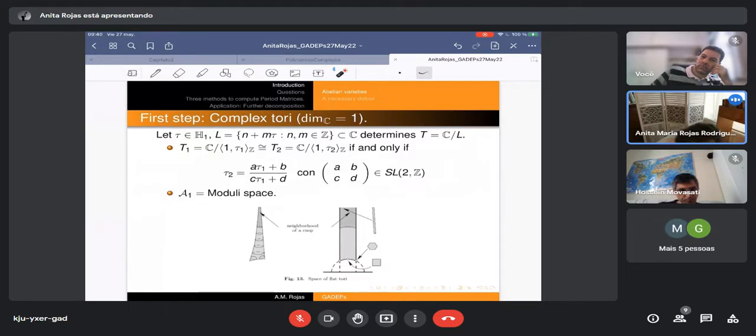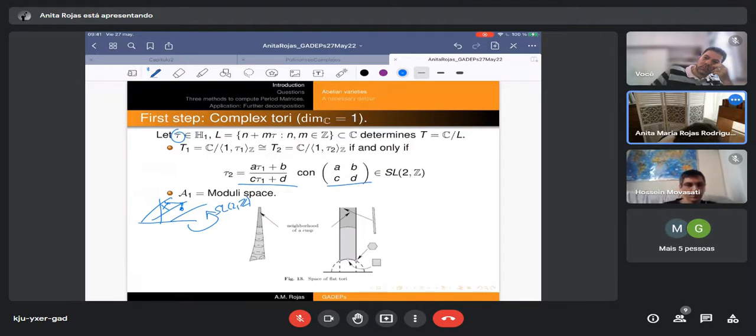Okay, so the thing is that you have the first moduli space in an analytic way. You have to take the upper half plane where these taus are taken, and two taus are going to define the same complex tori if and only if they are related in this way I wrote there. So you have to take the action of this group on the upper half plane, and the quotient gives you the moduli space of these complex tori of dimension 1.